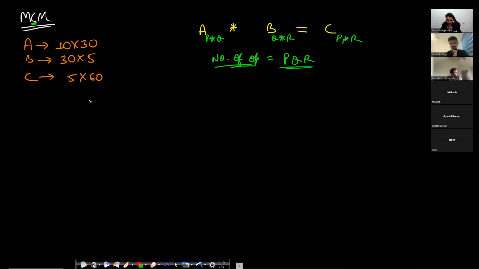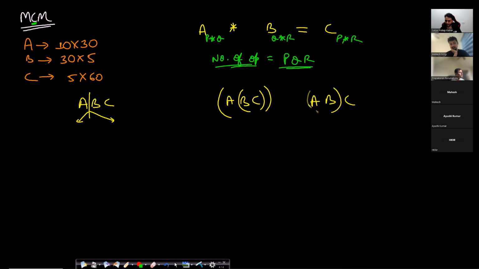In what way you multiply will actually affect the answer. What I'm trying to do is bracketize. ABC can be done by first multiplying BC and then multiplying with A. Or you take ABC and first multiply AB and then multiply with C. These are the two ways here, right?